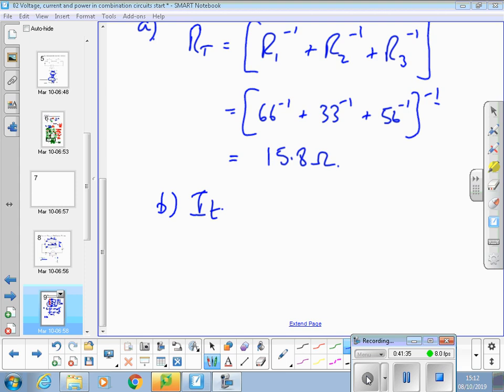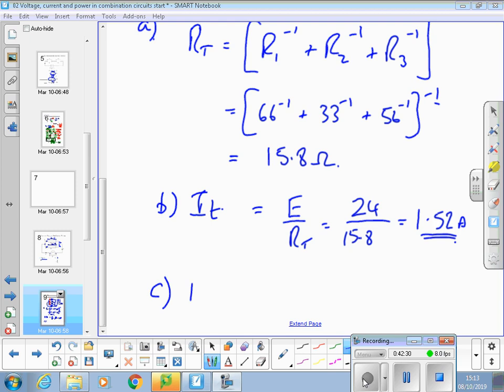So IT is equal to, by Ohm's law, the supply voltage, 24, over RT. One point something. 1.52 amps.